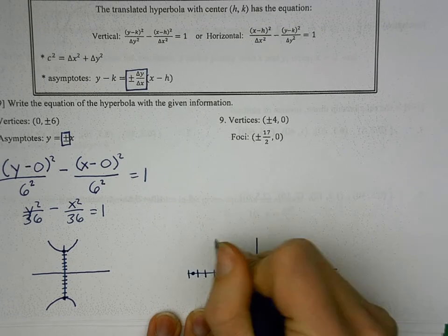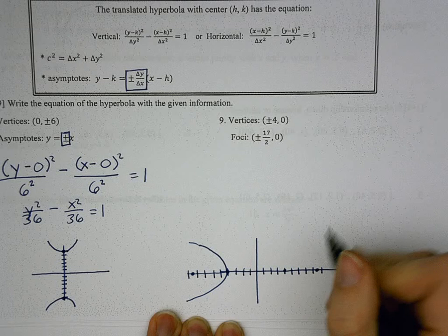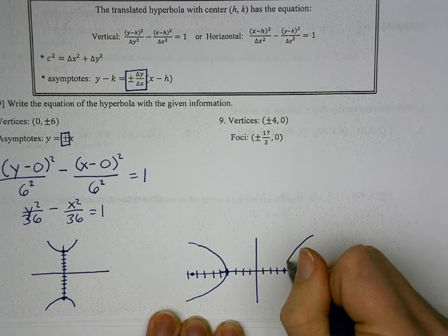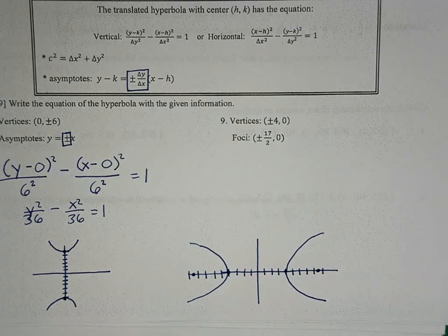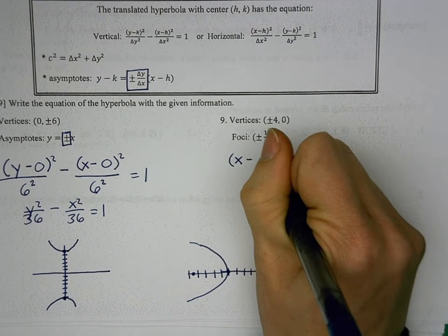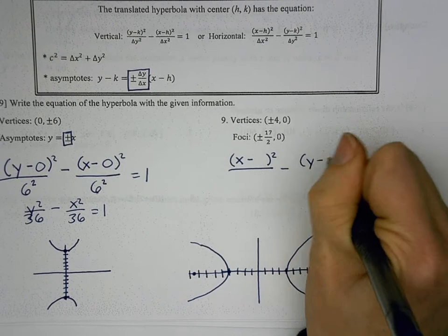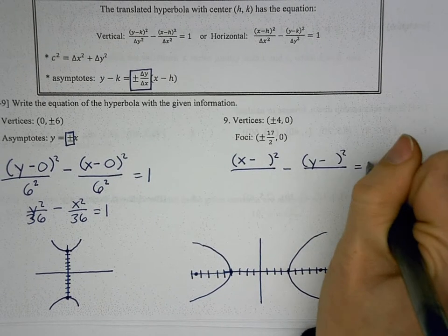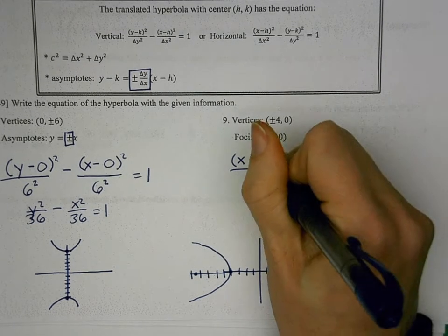So again, to connect to the vertex and hold that foci, we'd be looking at a hyperbola that looks something like that. And so this tells me that I am an x-oriented hyperbola. So x first. In this case, my center halfway between my vertices is at 0, 0.